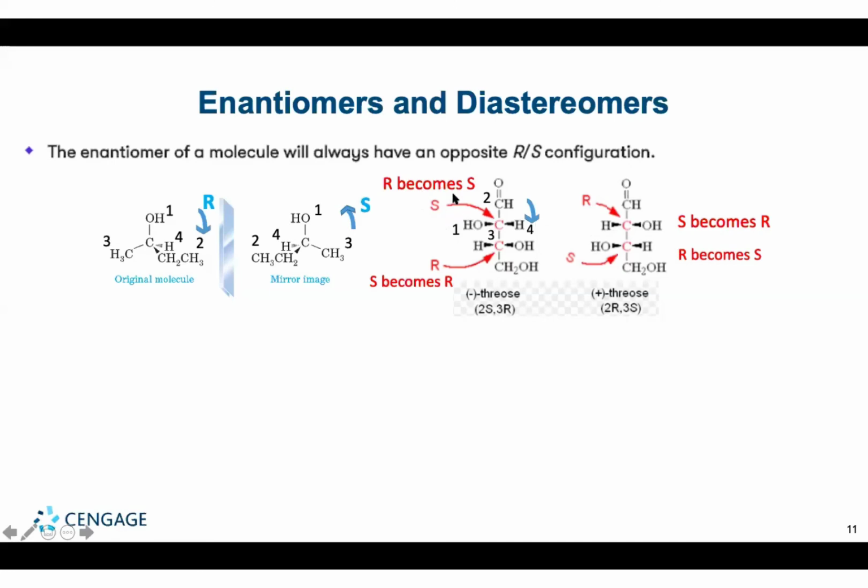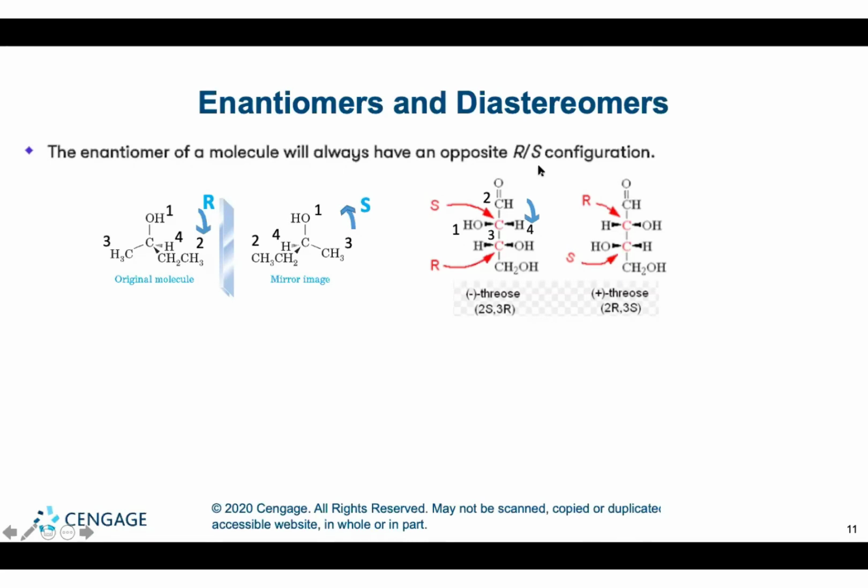See, the top left has an S, the top right has an R. The bottom left has an R configuration, the bottom right has an S. So they have opposite configuration from left to right. That's why they are enantiomers.